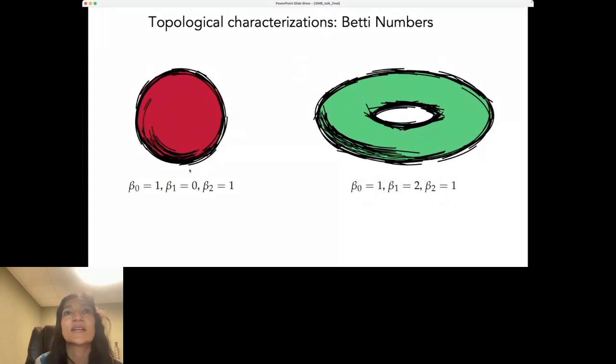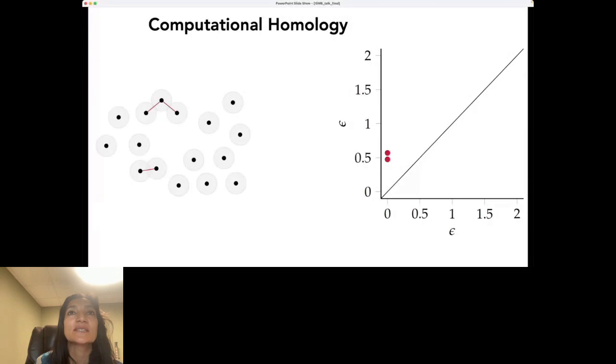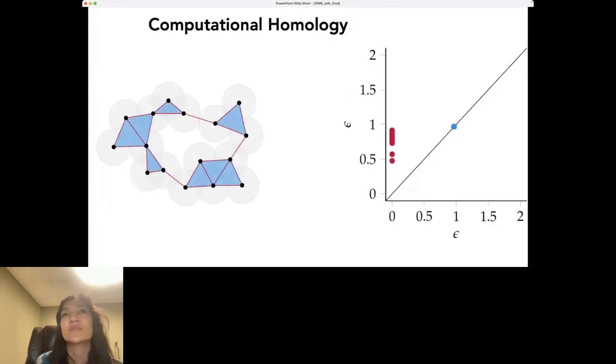So this is one connected component, one cavity, 0 holes. This is 2 different cycles, still 1 hole, and still 1 connected component. We're currently doing this with Vietoris-Rips, which takes each of those data points, advances an epsilon ball, and counts the persistence.